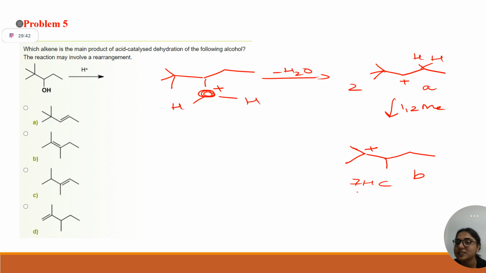Resonance means you can't stabilize this carbocation by any resonance factor. You can't do it by any mesomeric effect since no lone pair containing atom is there. So this is its maximum stabilization. Now it is ready for getting eliminated and you will get ethyl and methyl. So the correct answer is option number B.